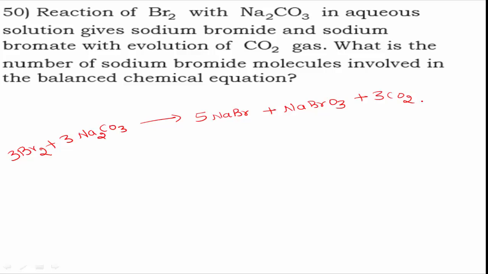Therefore, when Br2 reacts with sodium carbonate in aqueous solution, it gives sodium bromide and sodium bromate with the evolution of CO2 gas. Here CO2 is gaseous. The number of sodium bromide molecules involved in the balanced chemical equation is 5. Therefore, the answer is 5.